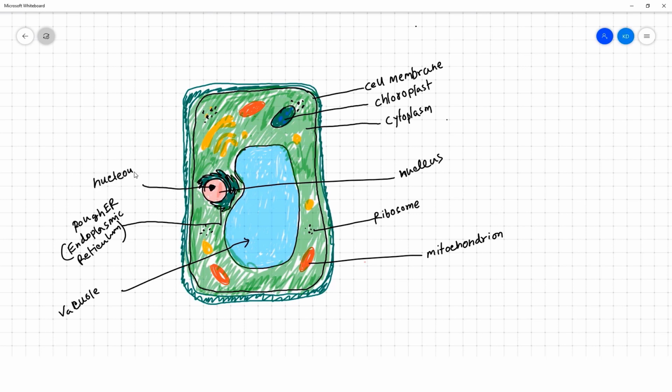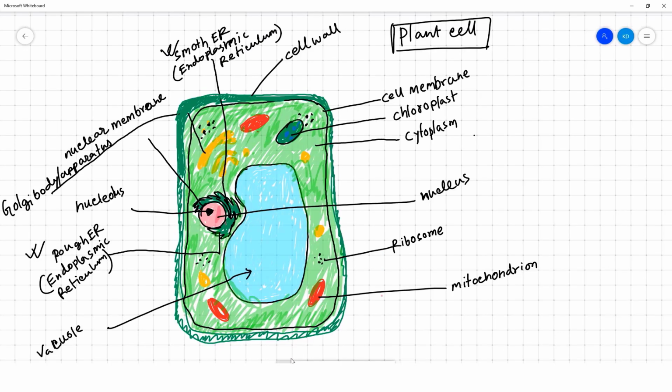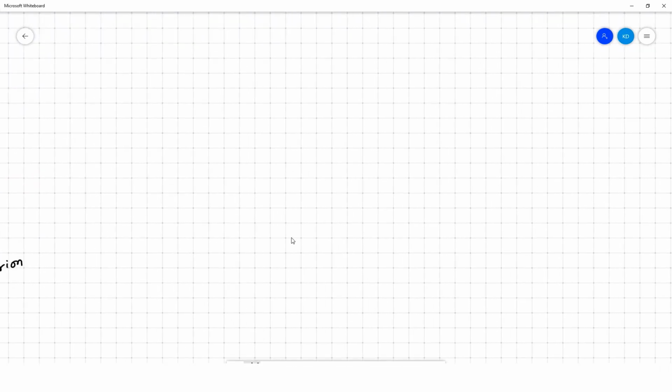You can see this large vacuole pointed out over here, the nucleus, and let me write down nuclear membrane. And this is smooth ER. What is rough ER and what is smooth ER? I'm going to discuss in this video topic.